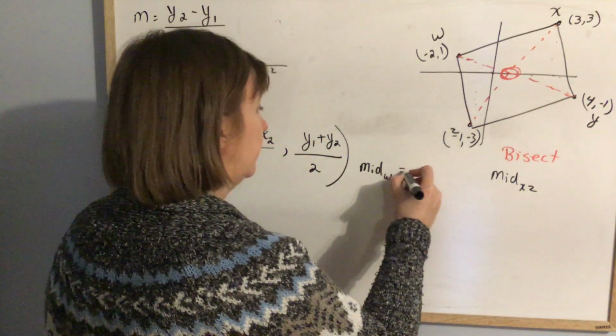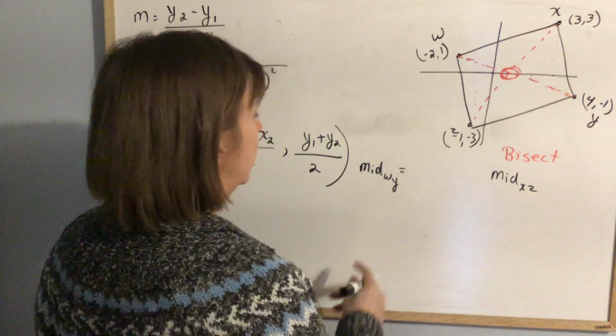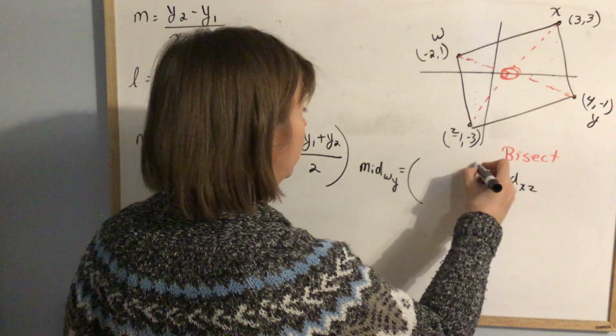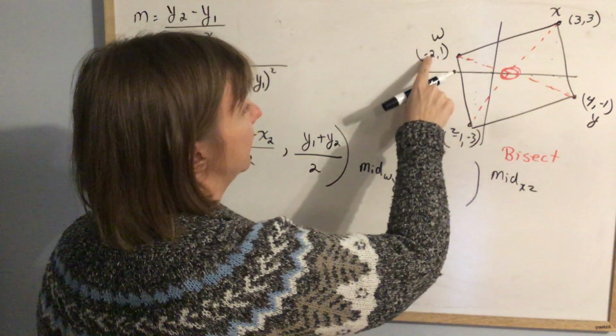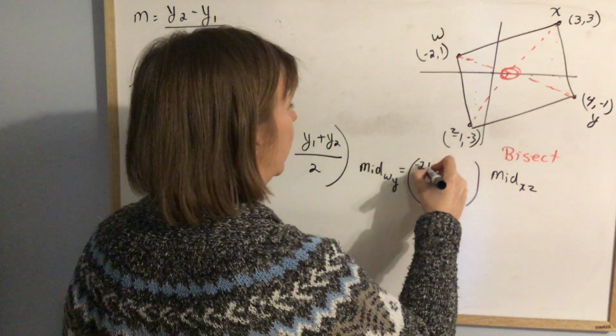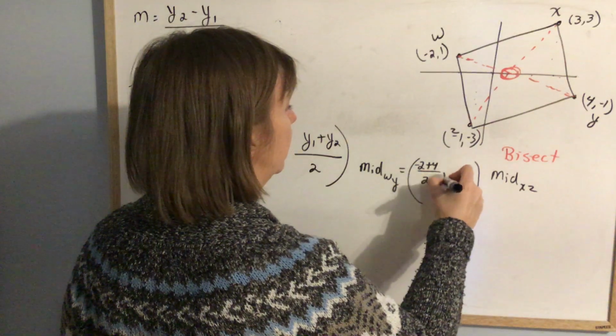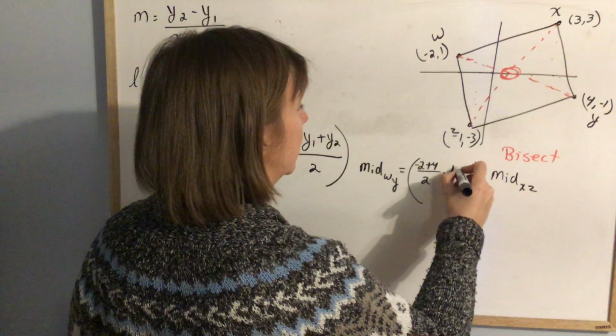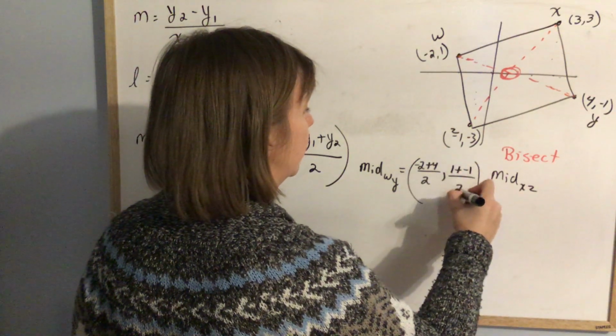So, midpoint for W and Y, from W to Y. I take my X values, -2 and 4, and I add them together, and I divide by 2. And I take my Y values, 1 and -1, and I divide them by 2.